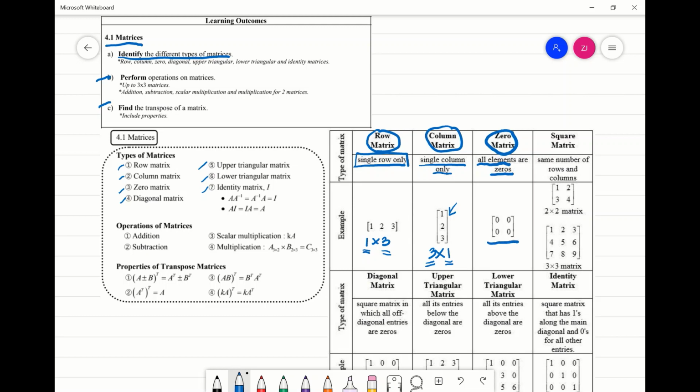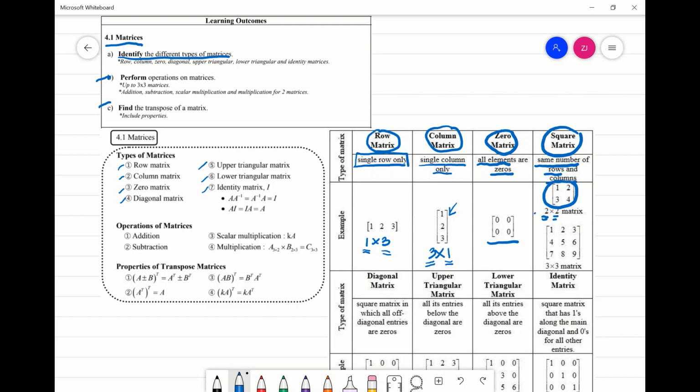Next, what is a square matrix? Before we discuss the diagonal matrix, let's discuss the square matrix. A square matrix is a matrix which has the same number of rows and columns. For example, if it has 2 rows, it will also have 2 columns. This is an example of a 2 by 2 matrix, and this one is a 3 by 3 matrix.